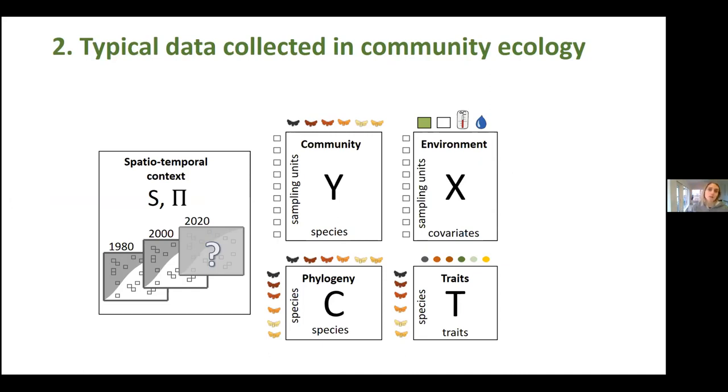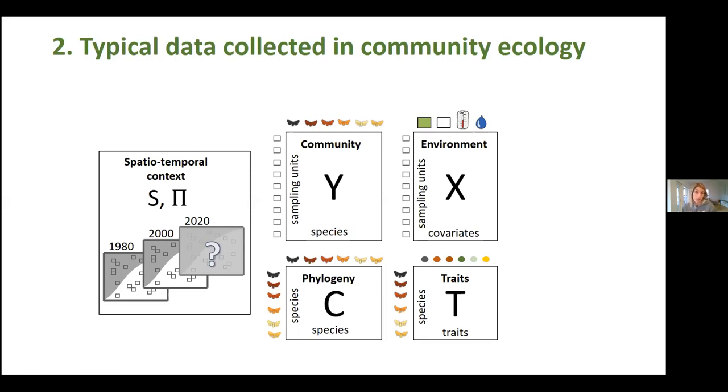But sometimes we also want to include some trait and phylogeny data because we hypothesize that there are some traits of the species that are influencing how the species in our community respond to the environment, or because we have some specific hypothesis in mind.